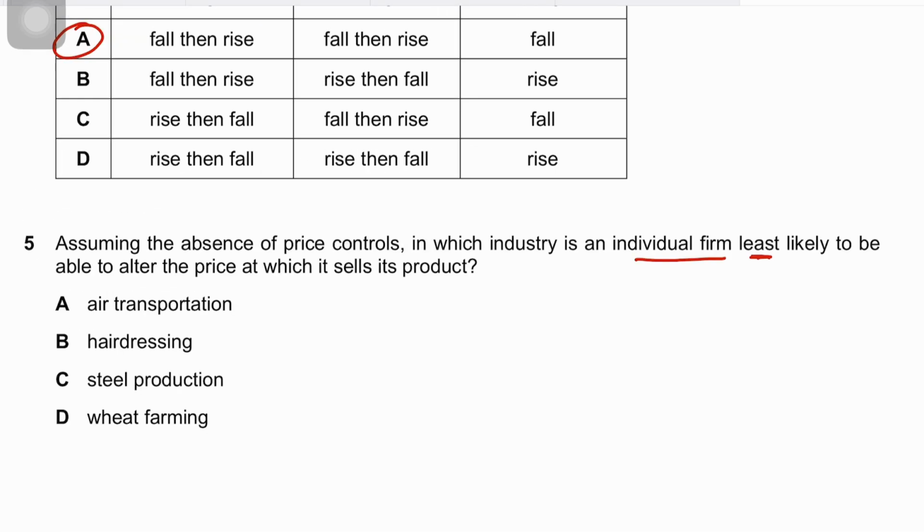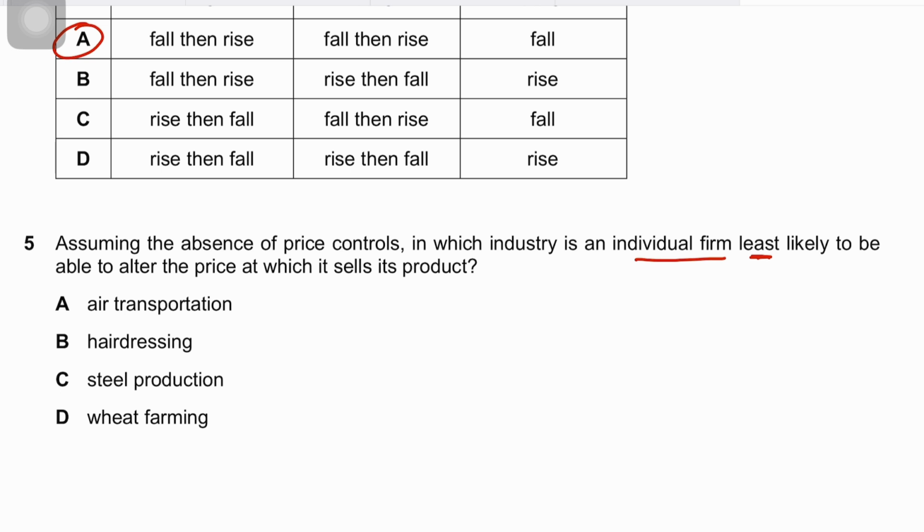If you look at these answer options, air transportation is a large industry, and it suggests an oligopoly because the air transportation industry would have few large firms that have some control over pricing, right? Although they would be influenced by competitive pressure, this suggests an oligopoly. Hairdressing is a typical example of monopolistic competition, consisting of many firms offering slightly differentiated services.